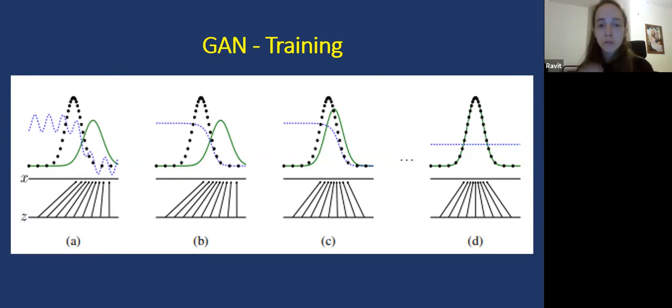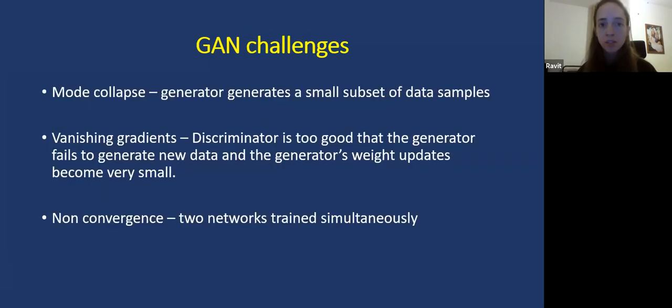As you see, as we move along the process, eventually the generator distribution is very, very close to the real data distribution, and the discriminator, as I said, discriminates correctly around 50% of the time, only in ideal cases though, because GANs are really hard to train.